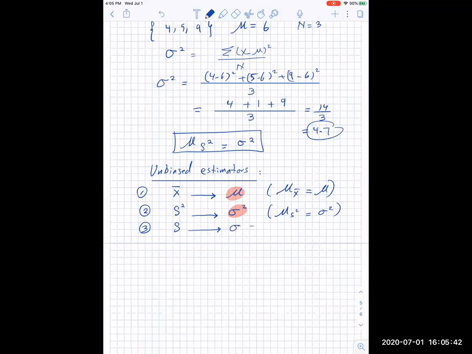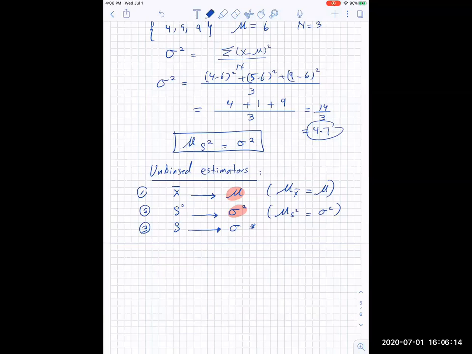But here there is some debate or concern about this, because this is not always true. In large samples it is true, but not with small samples. But I can still say in general that the sample standard deviation can be used to estimate the population standard deviation.